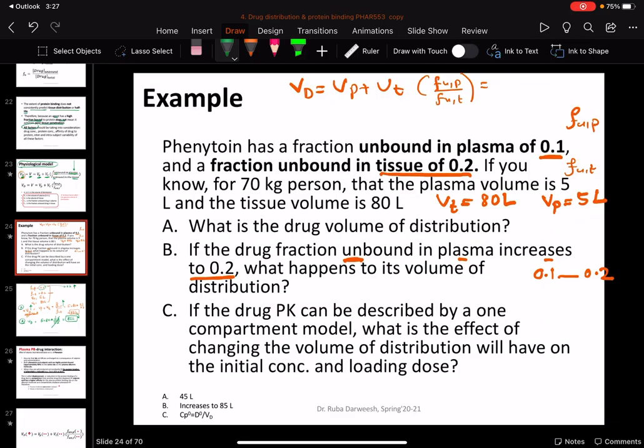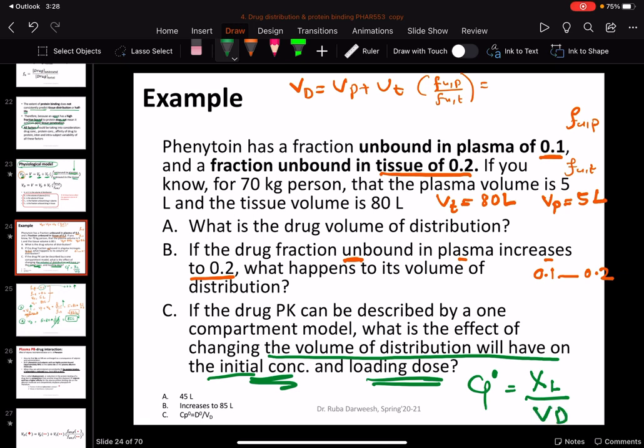Then, if the drug kinetics can be described as a one compartment model, what is the effect of changing the volume distribution on initial concentration and loading dose? Okay, so if you consider that the initial concentration is your loading dose or the dose over VD, and we know that we have an increase in the volume distribution, this increase in the volume distribution would cause a measured initial concentration that is lower than expected, right?